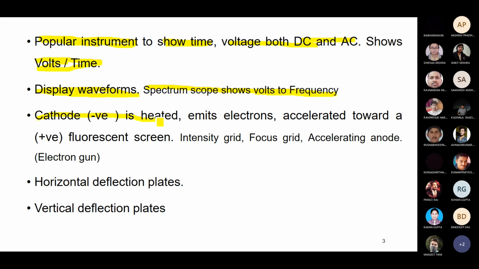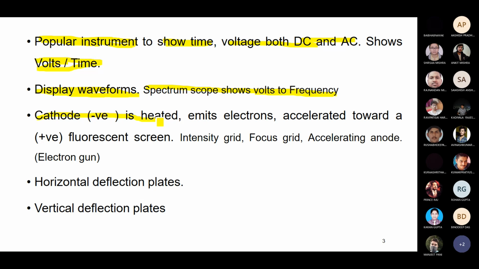So what happened? There are electrodes. There is a positive plate in your display, meaning the fluorescent screen. The screen is positively charged, and the materials are there. When the electron beams are emitted to that screen, it is projected where the beams are touching, so the color is changing and you can see it.